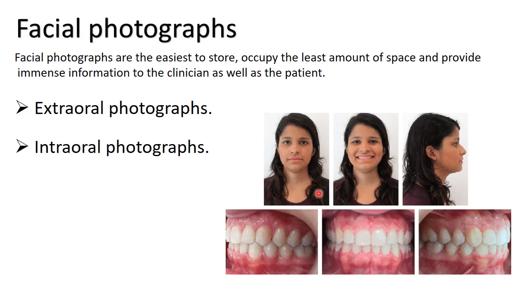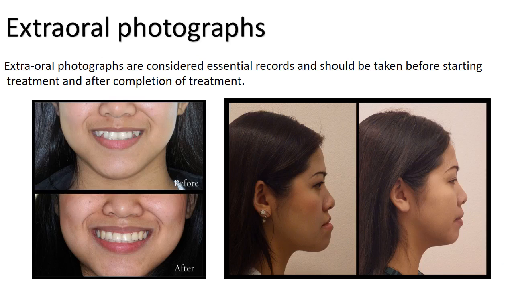So we have two types of photographs, either extraoral photographs or intraoral photographs. We have to take both, and they are very useful. Extraoral photographs are considered essential records and should be taken before and after completion of the treatment.